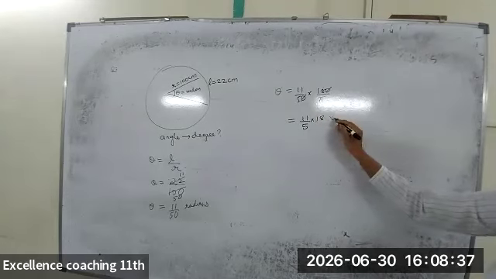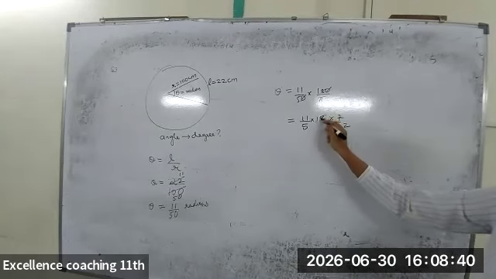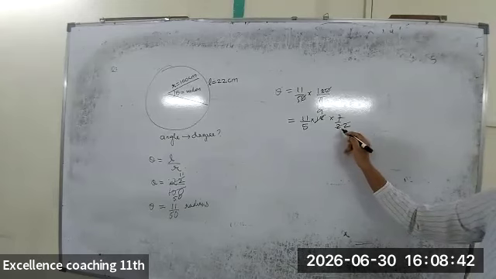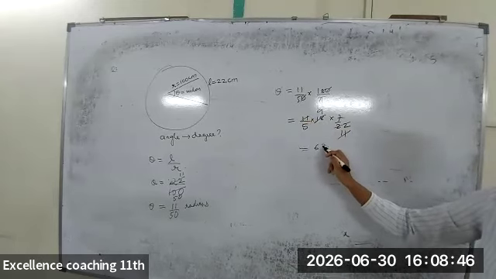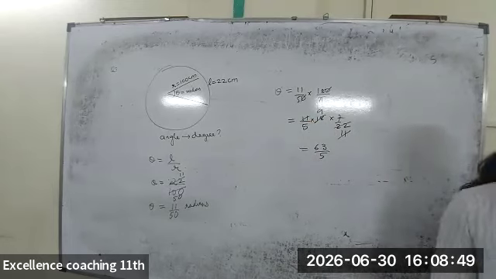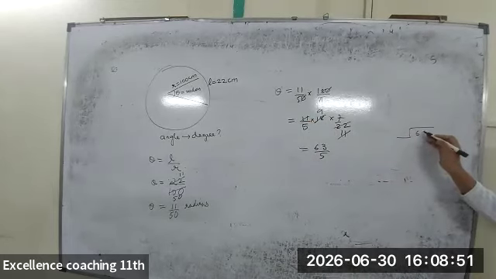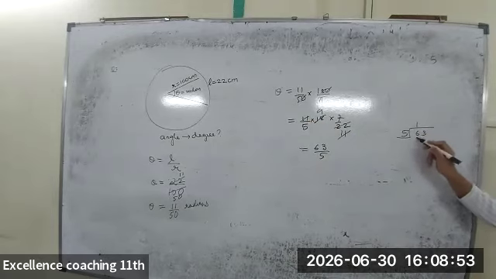So I'm directly writing it as 7 by 20. Again 9 here, 11. But 11 and 11 will cancel. 63 upon 5 you are getting. So divide 63 by 5.